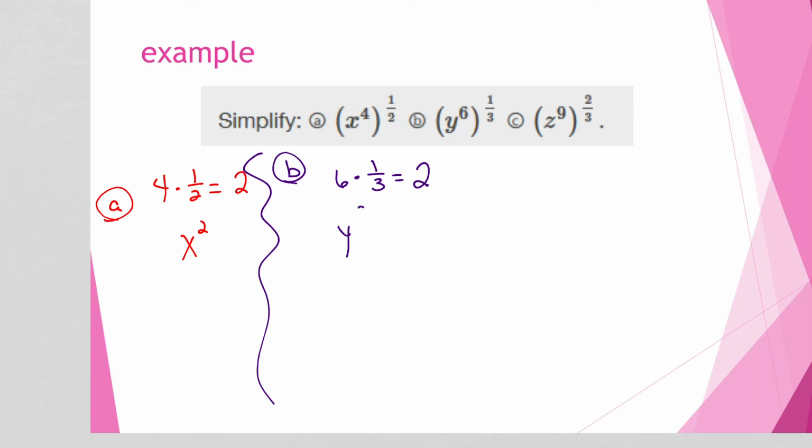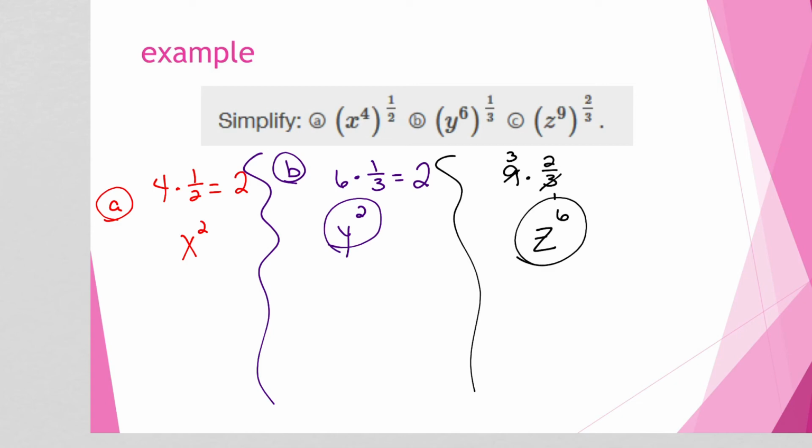So we would have y squared on this one. And then on part C, we have 9 times 2/3, which that goes in there once, that goes in there 3 times. 3 times 2 is 6, so we would have z to the 6th power.